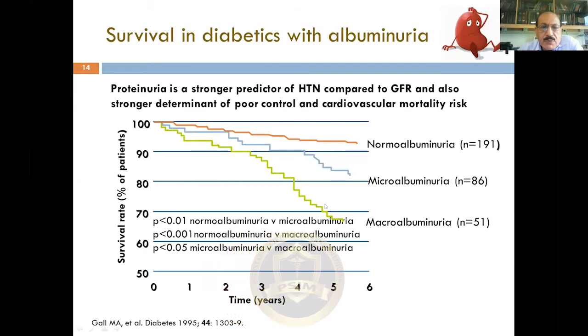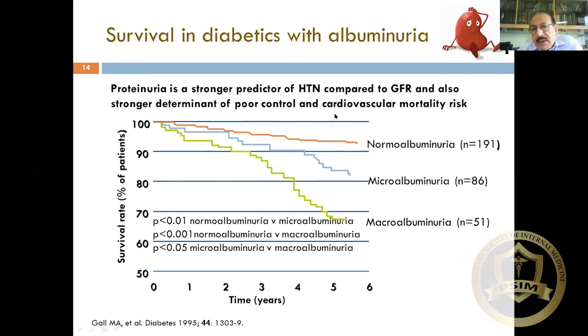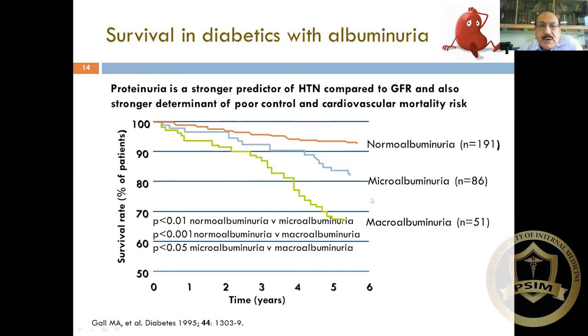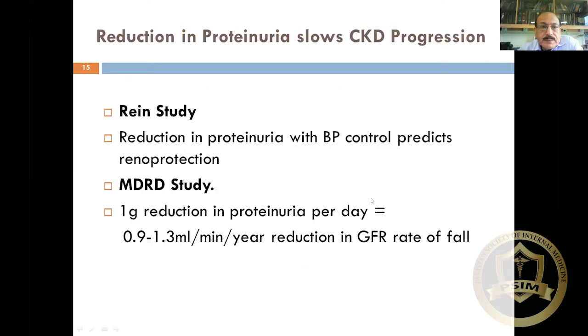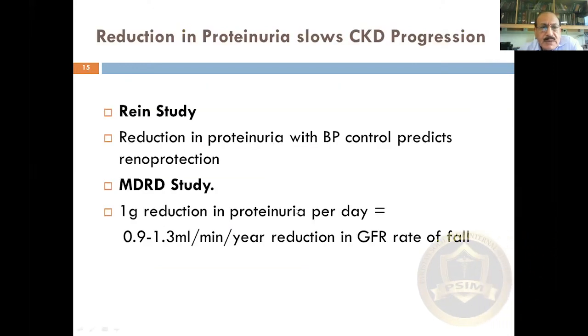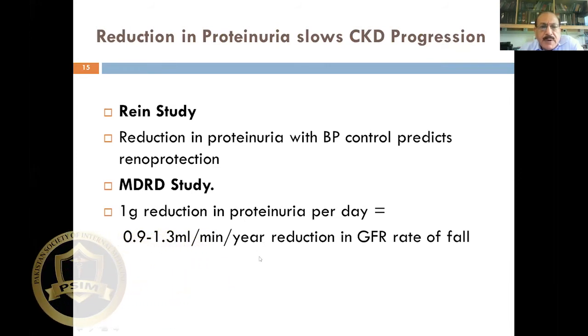So if you reduce the albuminuria by, let's say, 50%, you improve the survival, because this albuminuria is directly linked with the cardiovascular mortality risk. And the RENAAL study and the MDRD study have shown the benefits of reducing proteinuria. A 1 gram reduction in proteinuria per day stops the GFR from declining by about 0.9 to 1.3 ml per year.